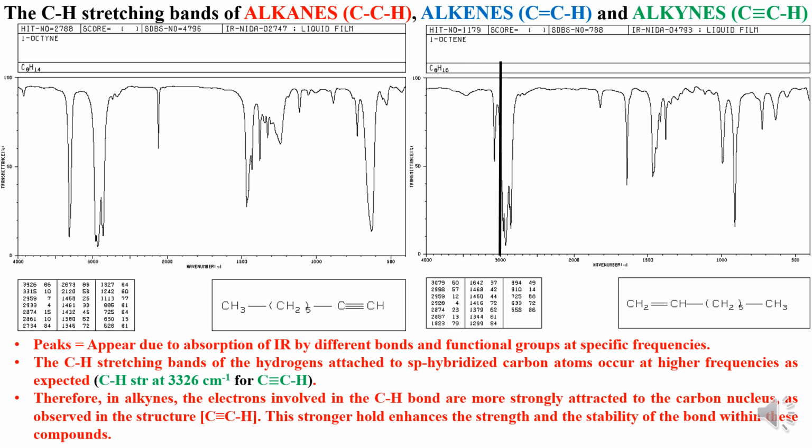Now let me draw a reference line exactly at wave number of 3000. Why I have drawn a reference line exactly at 3000 centimeter inverse is because the CH bonds in case of alkanes, or the alkyl CH stretching, occur lower than 3000 centimeter inverse, while the CH stretching for alkenes and alkynes occur at wave number higher than 3000.